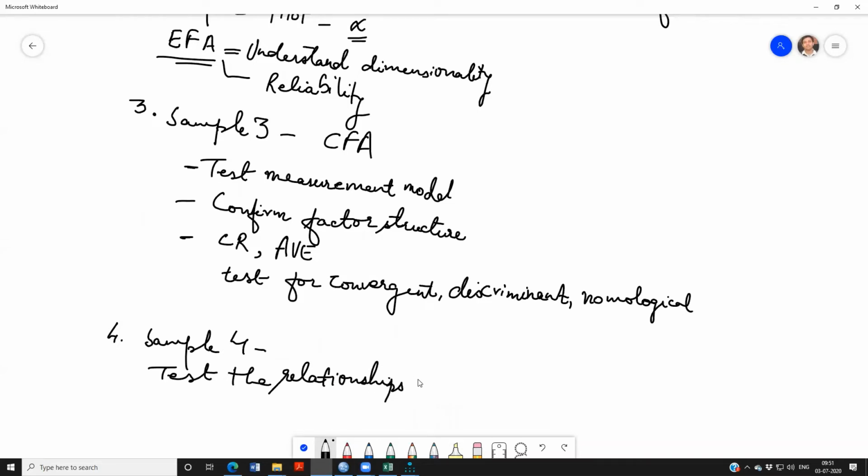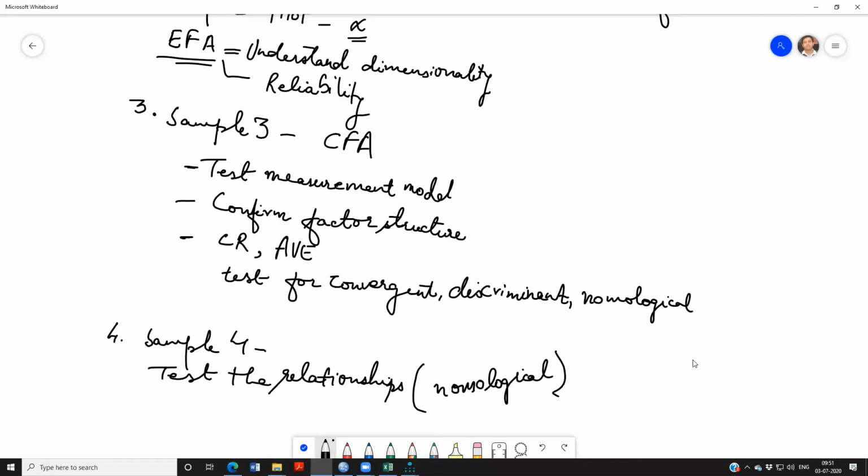You can decide for yourself. This whole exercise is not a short exercise. This is a long exercise which will take you quite some time. So if you are thinking of developing a scale, at least a year or two is going to go into that. Okay?